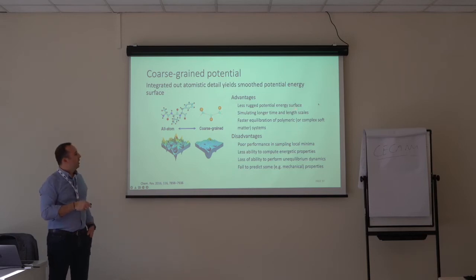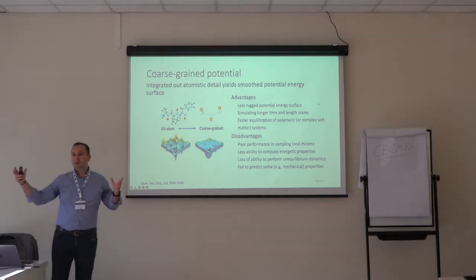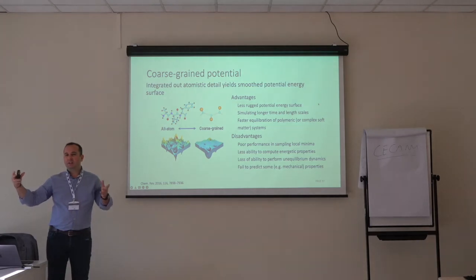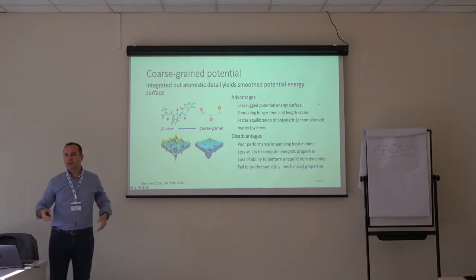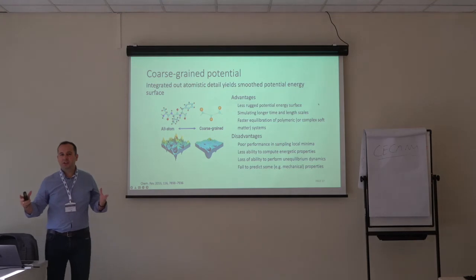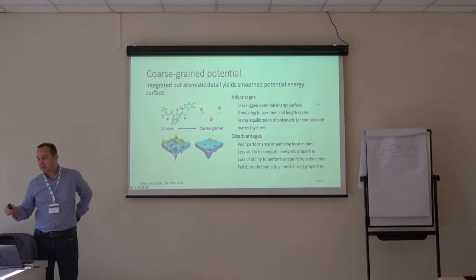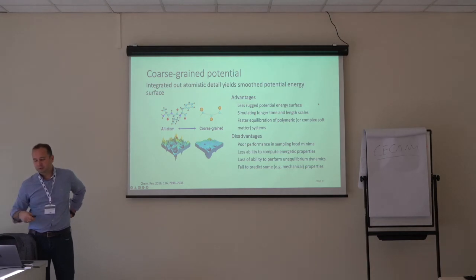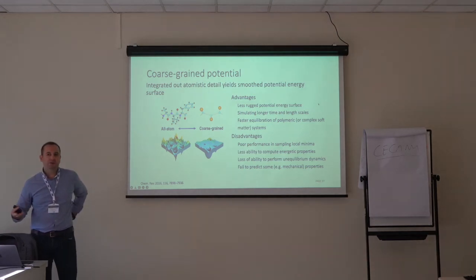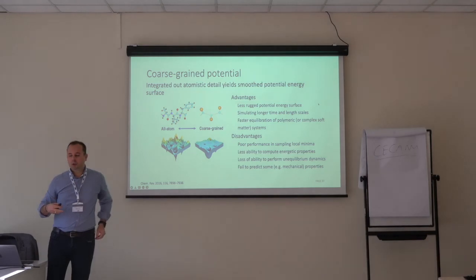You can reach larger length scales because you are representing, for example, 4 atoms as a single bead, so you enlarge your system and have the dynamics associated with the larger system. I will also come to this later, because the coarse-grain potential might be different from a typical Lennard-Jones equation.